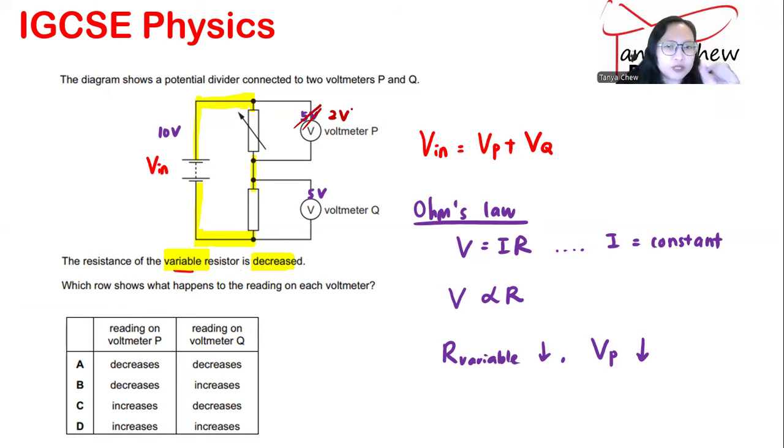Since the input voltage must remain constant, what happened to voltmeter Q? It has to increase in order to get back the same 10 volt. So that is why the reading on voltmeter Q increases, but the reading on voltmeter P decreases. The answer is B. I hope you understand this. If you have any question, please do comment below.